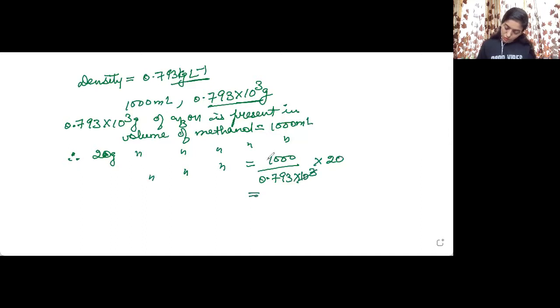So this will come out to be 20 divided by 0.793, which is 25.22 ml. So this will be the volume of methanol required to prepare 0.25 molar solution of methanol whose volume is 2.5 liter.